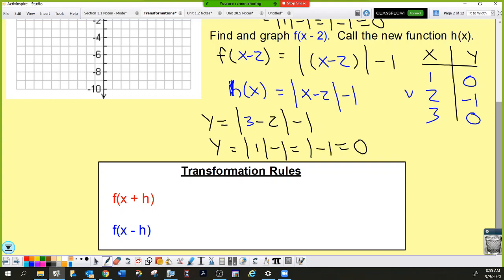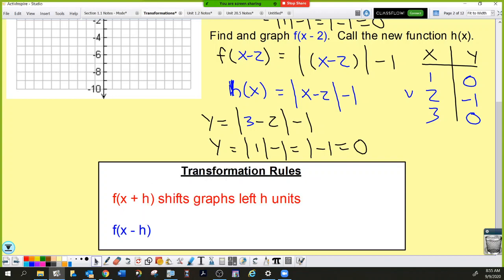The rule, if you put a plus H, notice this time I changed it to an H. If you put a plus H next to the X on the inside, so now the inside says X plus H, we thought it would move it to the right, but it didn't. It moved us to the left. So this is going to move you left H units.